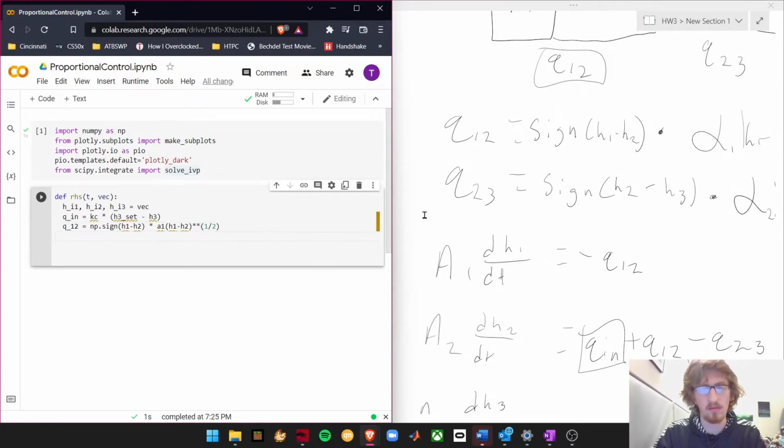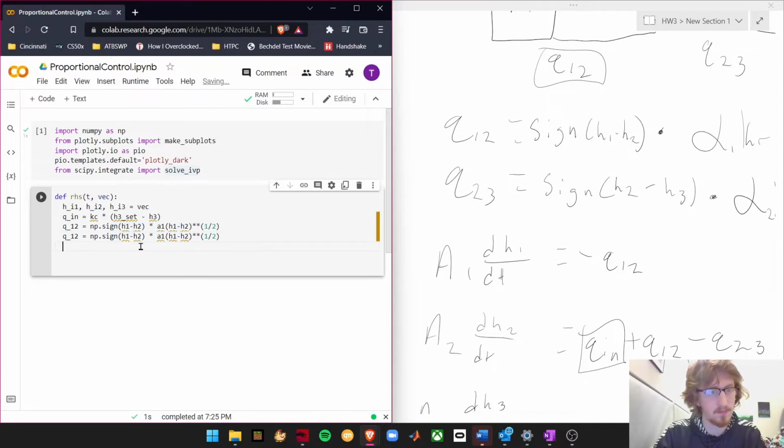And then same thing for Q23. I'll just copy this, because all we have to do is change which specific variables we're going to be using. So it's the same thing, just with tanks 2 and 3.